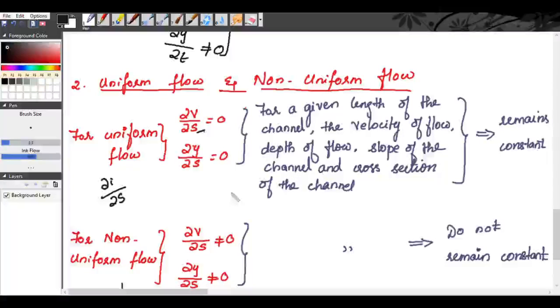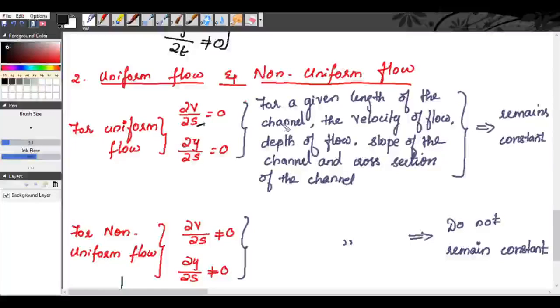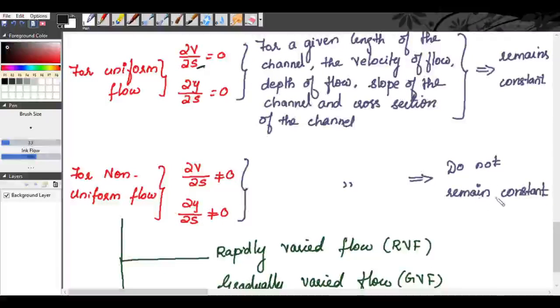And cross section area can be represented by A, so you can take it as ∂A/∂S. So they do not remain constant. You call it as non-uniform flow.